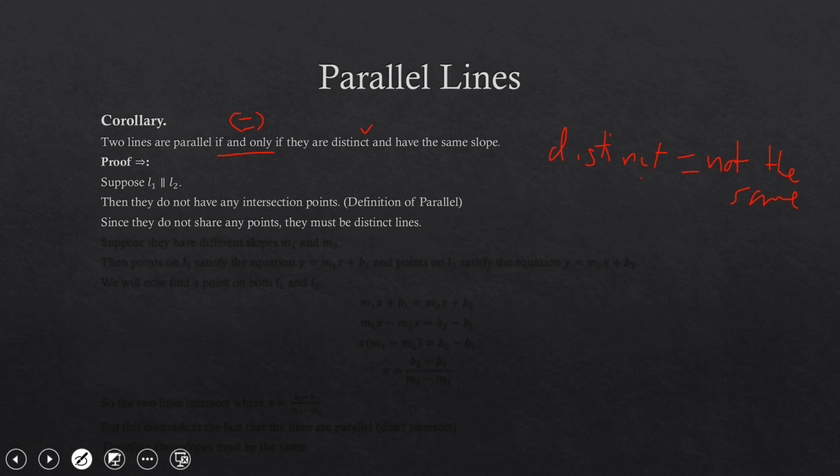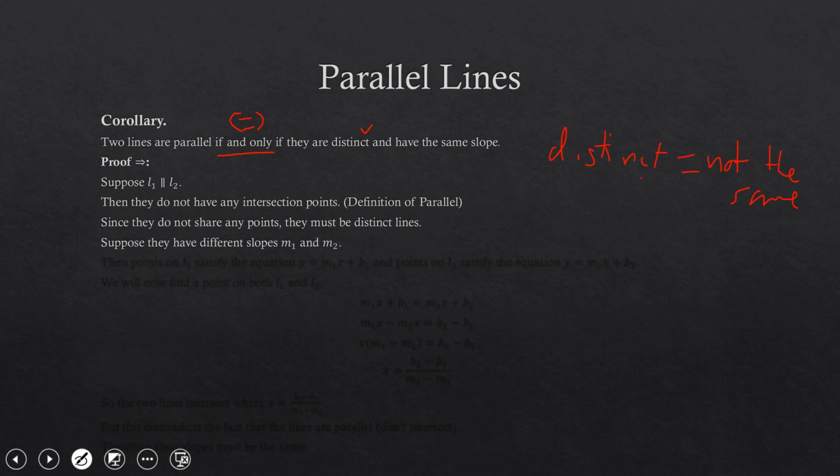Then what happens? If they had different slopes, you're going to find that something bad occurs. And when that happens, we call this a contradiction. It's impossible to have a contradiction in math. Math has to be consistent, meaning there aren't any contradictions. And so since you find a contradiction, you end up showing that they can't have different slopes, so they must have the same slope, which is the opposite of having different slopes.